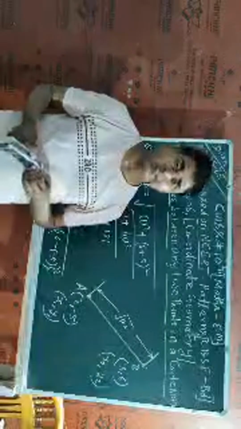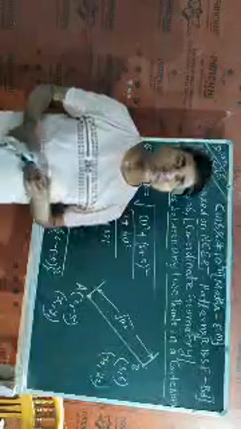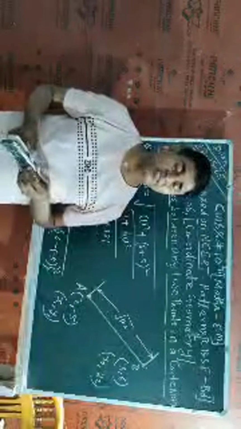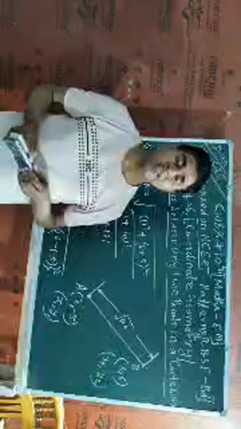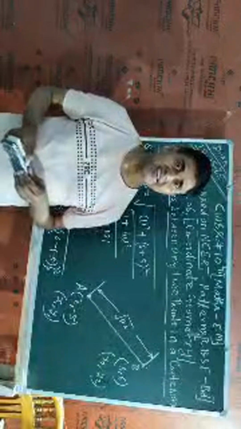The first chapter is real numbers, the second is polynomials, the third is quadratic equations, and next is pair of linear equations in two variables. Then I have also explained arithmetic progression, and next I am explaining coordinate geometry. All information is available there, and you can easily learn.